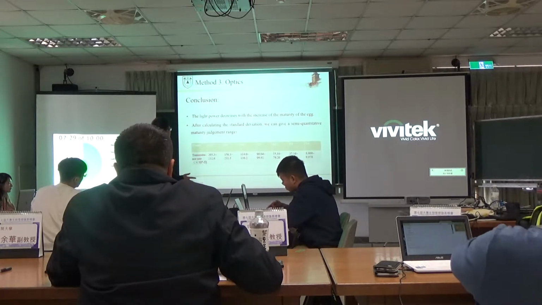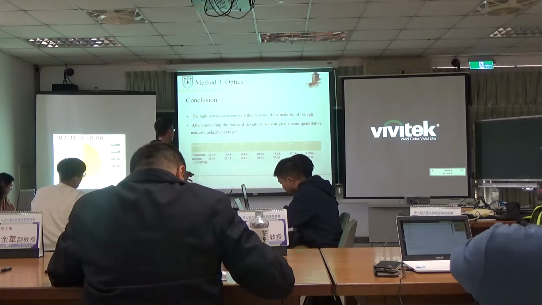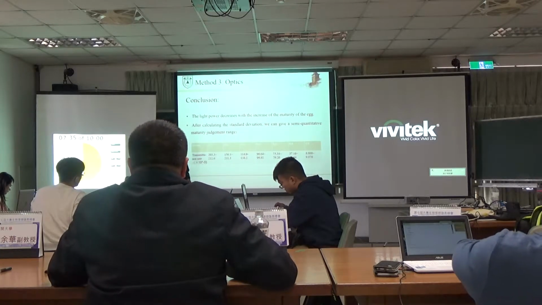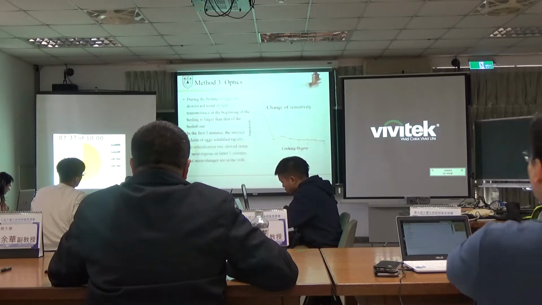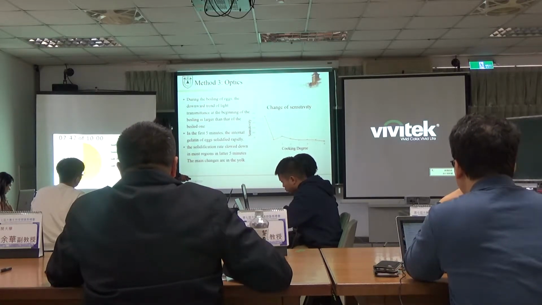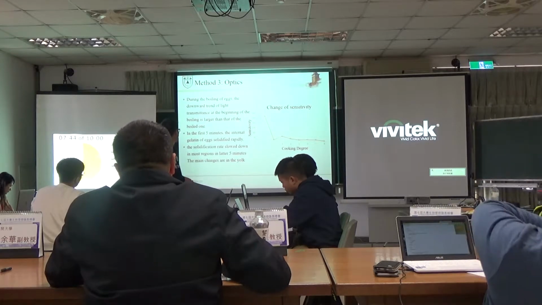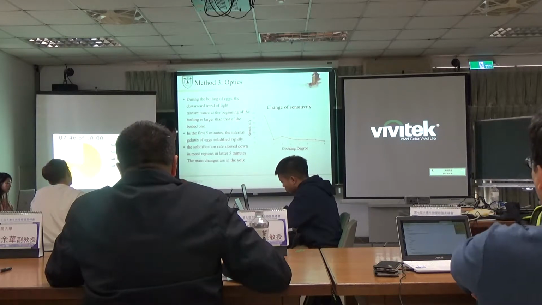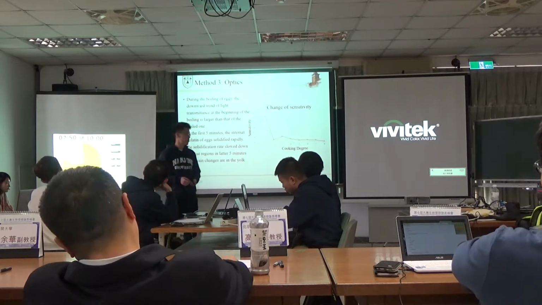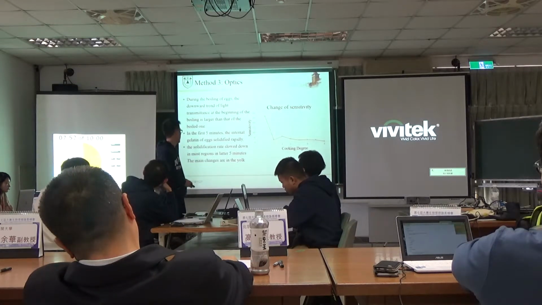After calculating the standard deviation, we can give a semi-quantitative maturity judgment range, like previously. And we analyze the sensitivity. During the boiling of eggs, the downward trend of light transmittance is larger than the later boiling, that is, in 0 to 3 minutes.